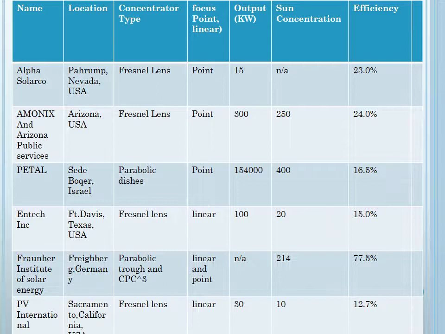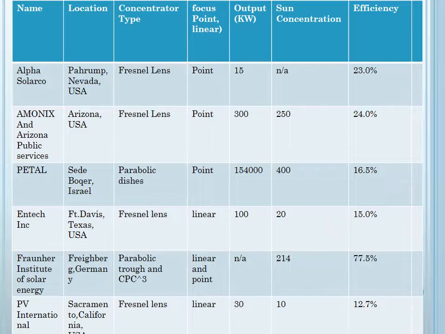In terms of efficiency, parabolic trough is good, whereas in terms of sun concentration, parabolic dish is good. So there are advantages for every type, and these are the main types that are used everywhere.